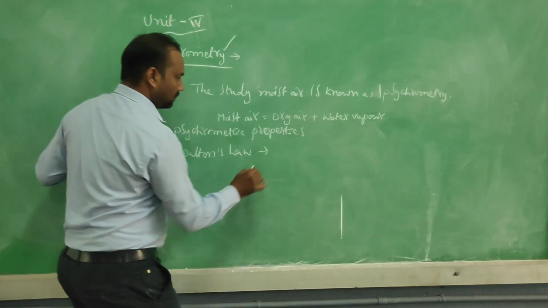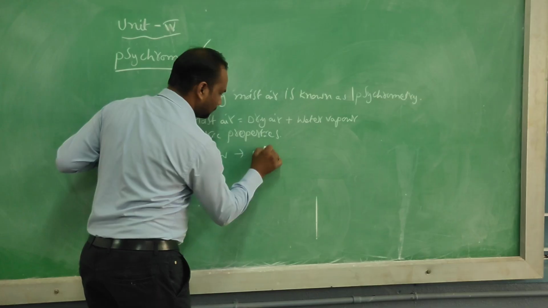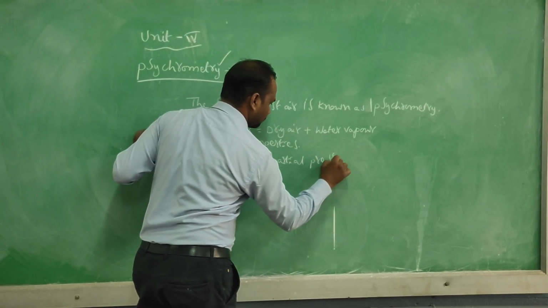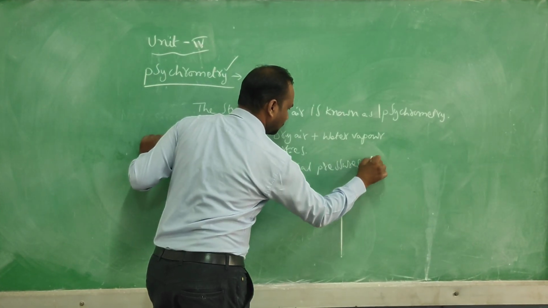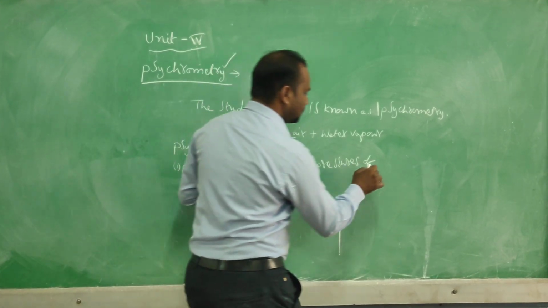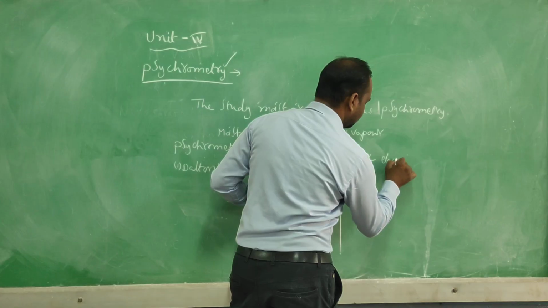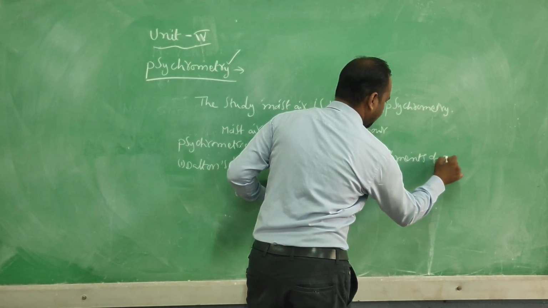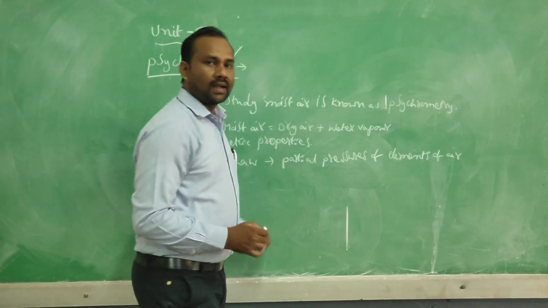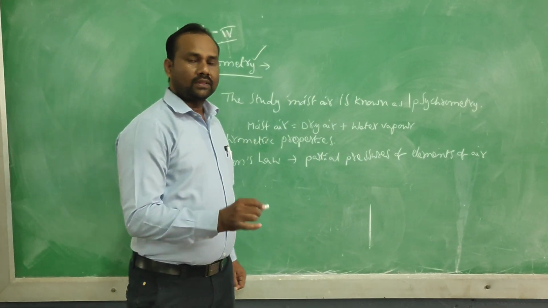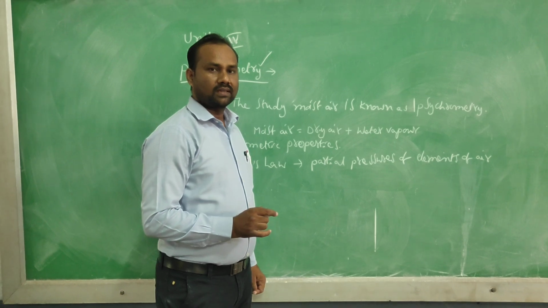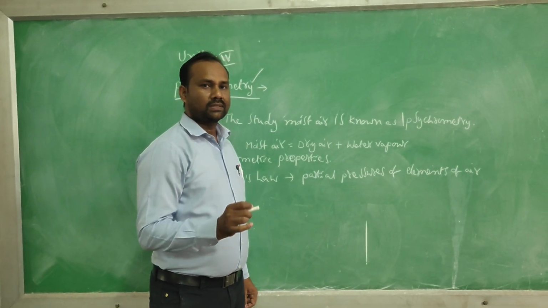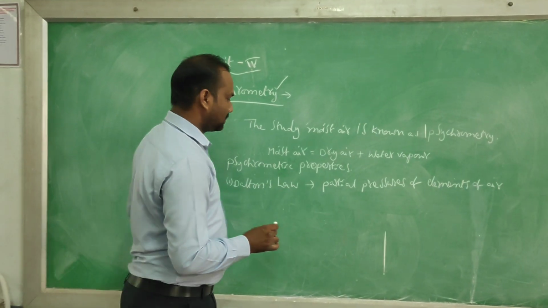It deals with partial pressures of elements of air. Dalton's law states that the total pressure exerted by the moist air is equal to the algebraic sum of the individual pressures exerted by the elements.